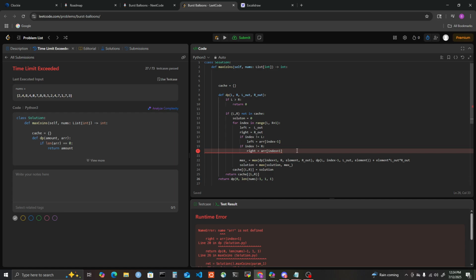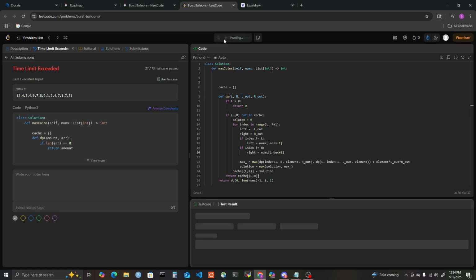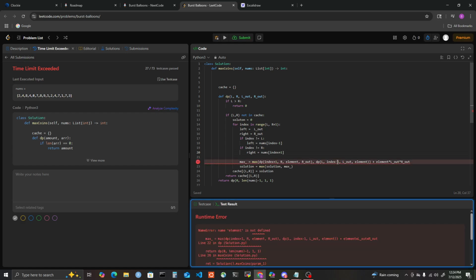I can't do this. Array is not defined. That makes a lot of sense. Element is not defined. That also makes sense. Now, I'm going to define element right now. So element equals nums of index.